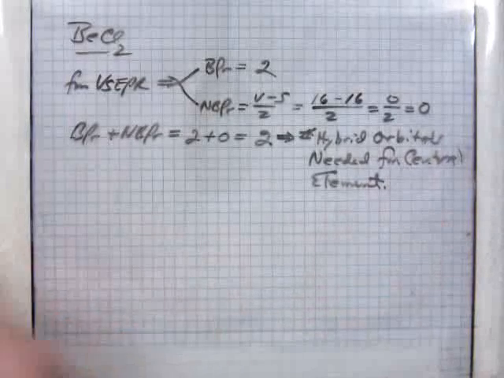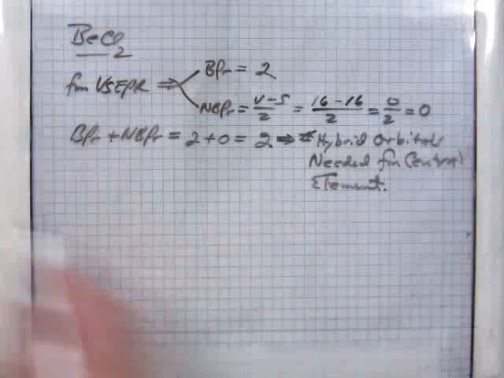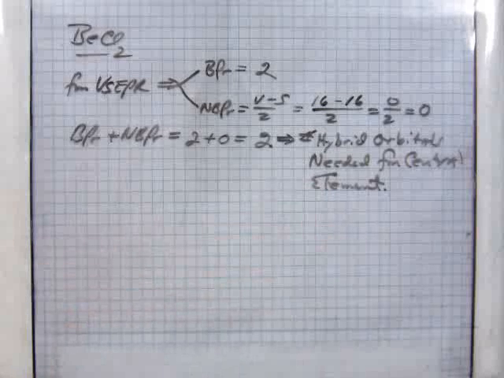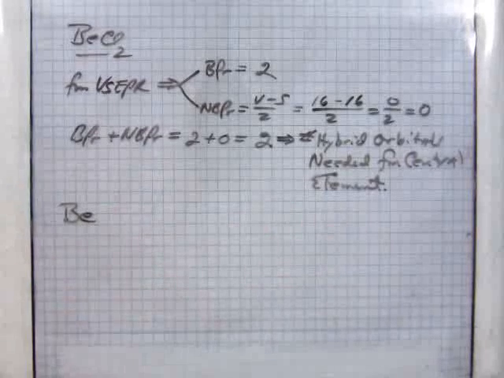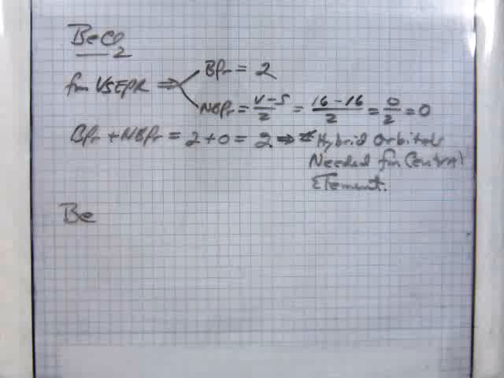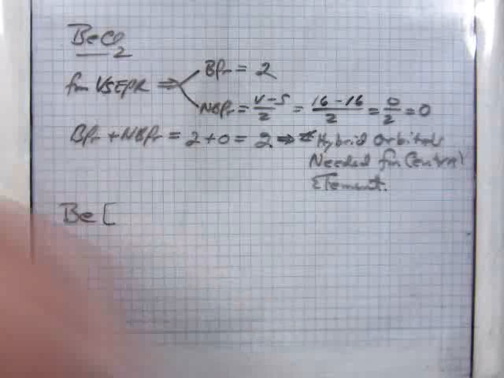Everybody good so far in here? Okay. So at this point, you have to draw out the electron configuration like this. Beryllium being hydrogen, helium, lithium, beryllium, number 4 in the periodic table.